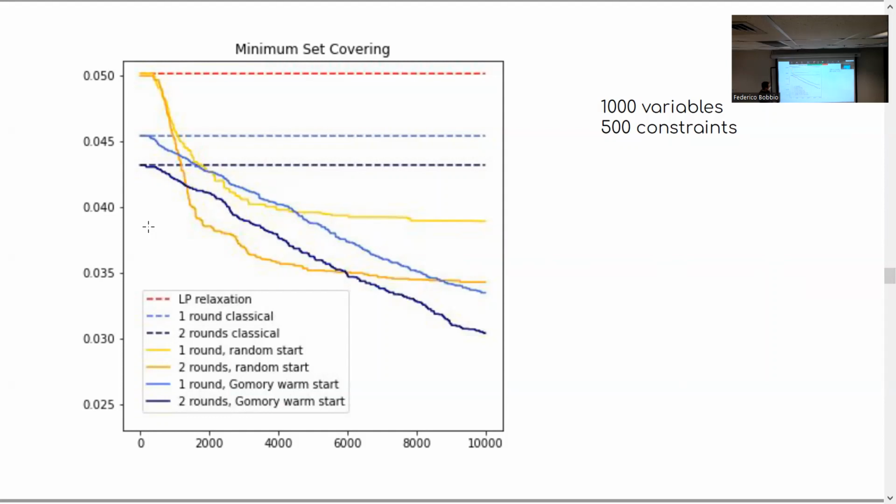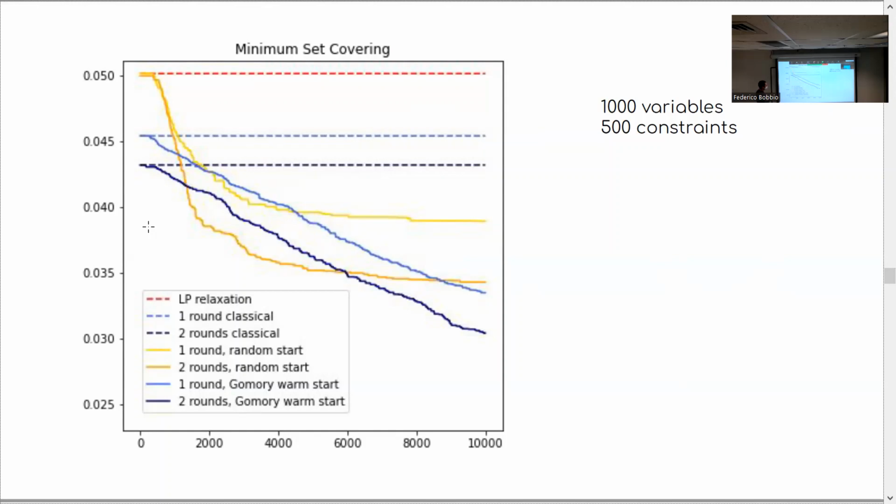They're binary problems. They're kind of big. There's like 1,000 variables, 500 constraints. And so what you see, this is in optimality gap. So in red, you have what the LP relaxation gives you. When you get to 0, you know you've solved the problem. And in light dashed blue here, you have what 32 Gomory cuts gives you, according to the classical algorithm.